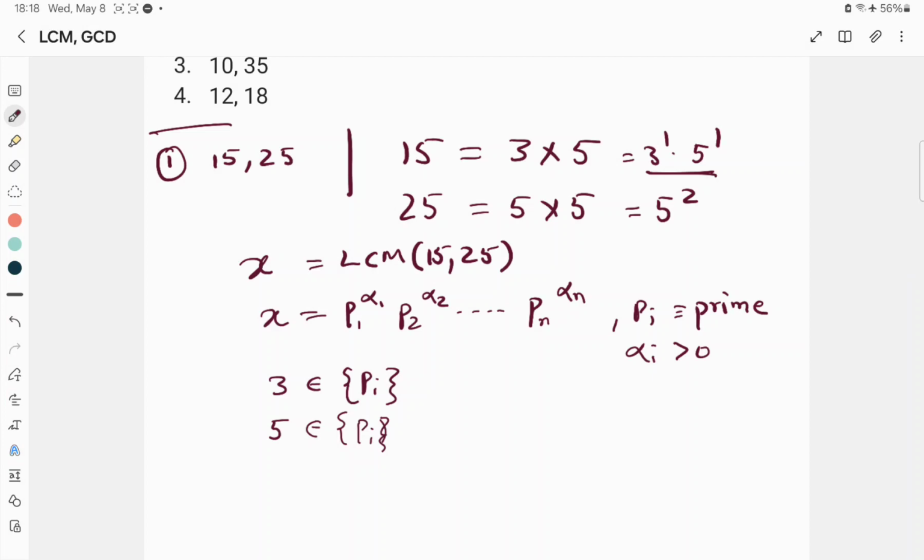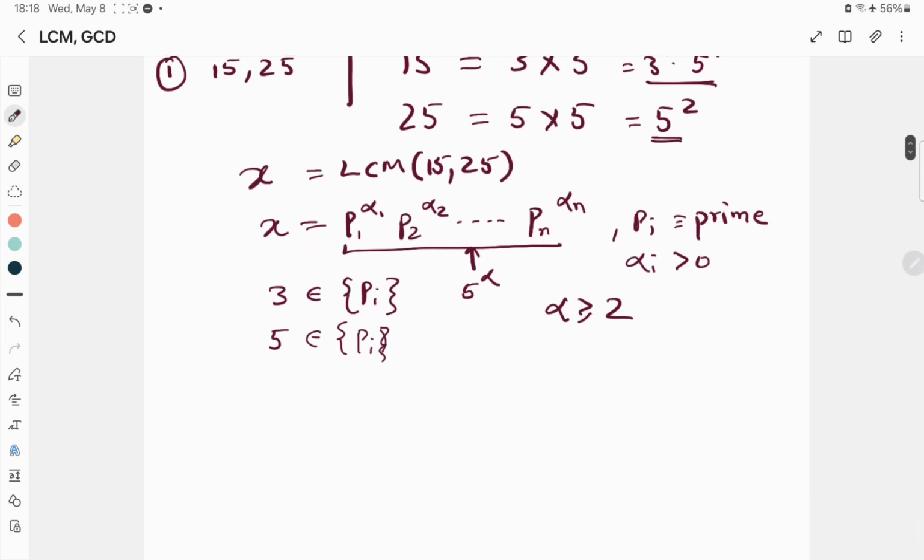And what about their powers? For this number to be divisible by 25, which is 5 square, wherever there is a 5 in this factorization, 5 to the power some alpha, this alpha has to be at least 2, because otherwise the number is only divisible by 5 and not 25, and the rest of the primes are not going to be divisible by 5, so they don't contribute to divisibility by 25.